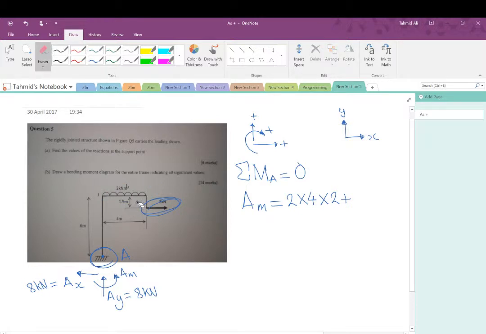Now this is getting a bit confusing, so let's write that out. So it's going to be 8 times by 6 minus 1.5. Now if you do that in your calculator, you get 52 kilonewton meters. Don't forget the units.